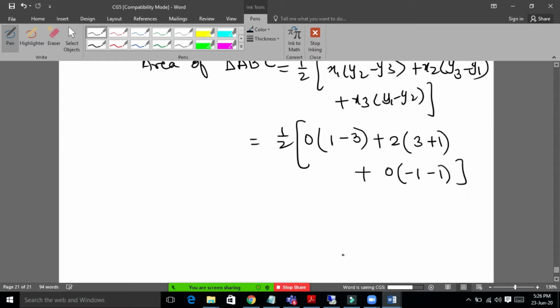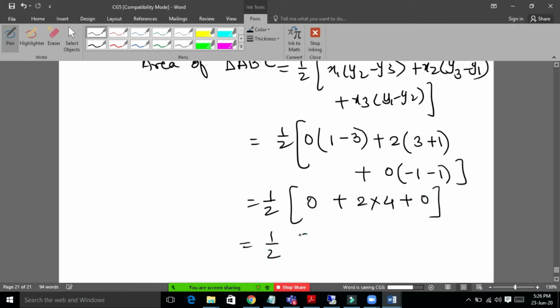Now the first term is multiplied with 0 inside the bracket, so it becomes obviously 0. So half into 0 plus 2 into (3 + 1) is 4, plus the third term is again 0 because 0 is multiplied with the bracket.